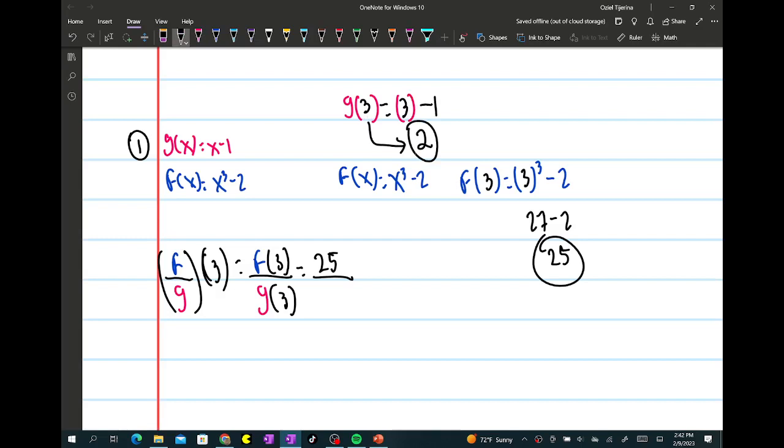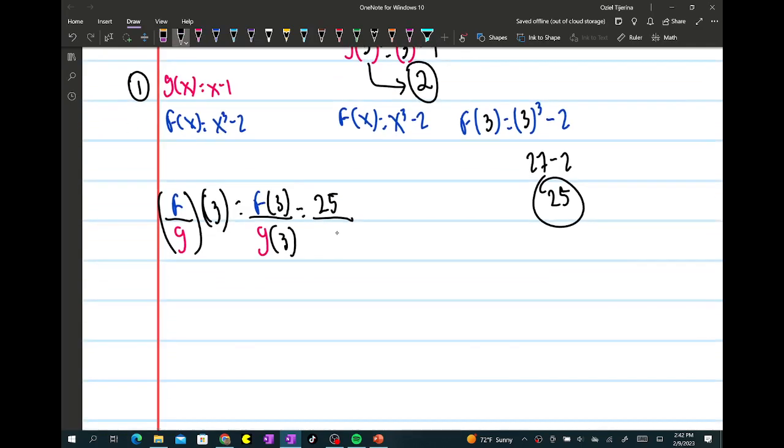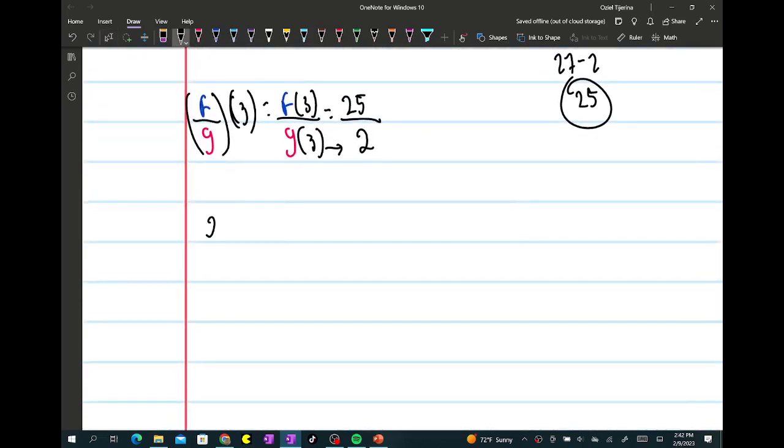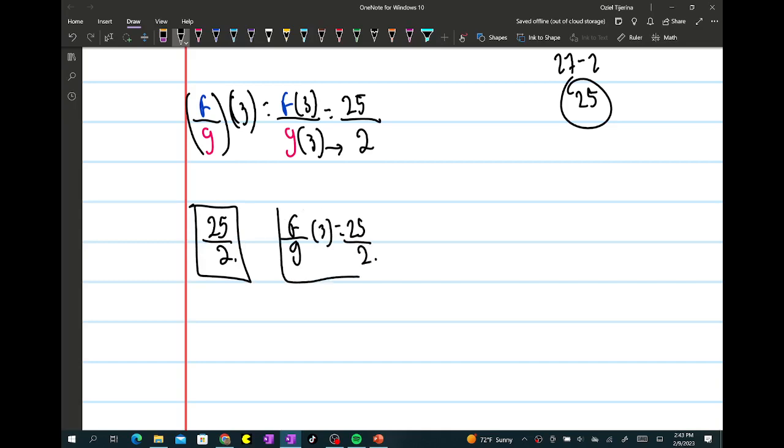So that's g of 3. Then over 2, so you would put this right here. Then your answer would be 25 over 2 for f over g of 3. So f over g of 3 is 25 over 2, right? So that is how you do the first one, okay?